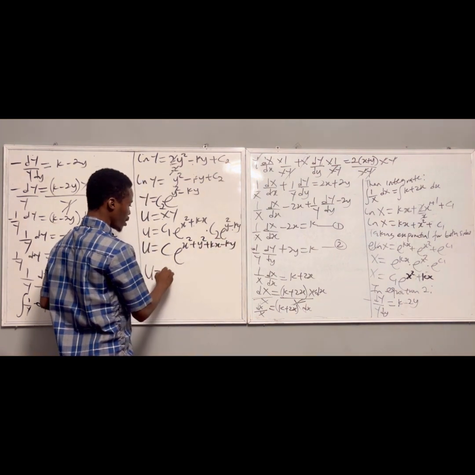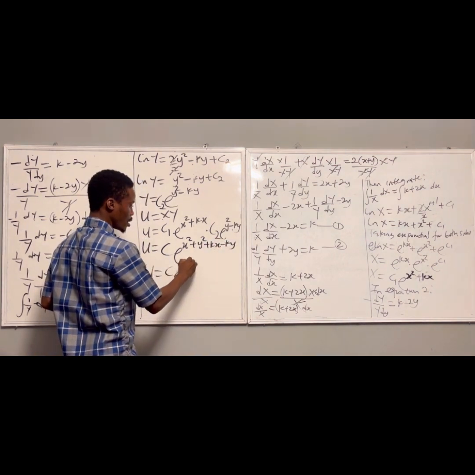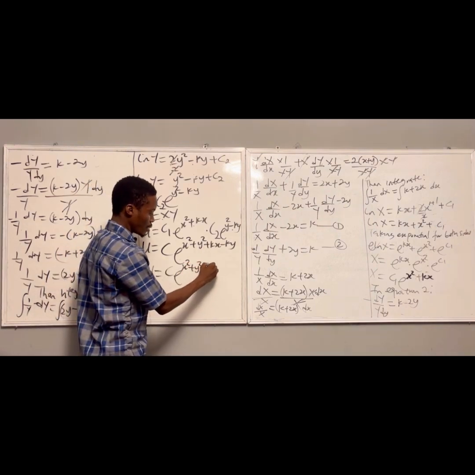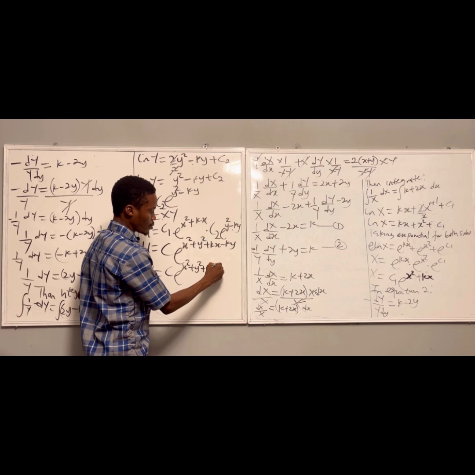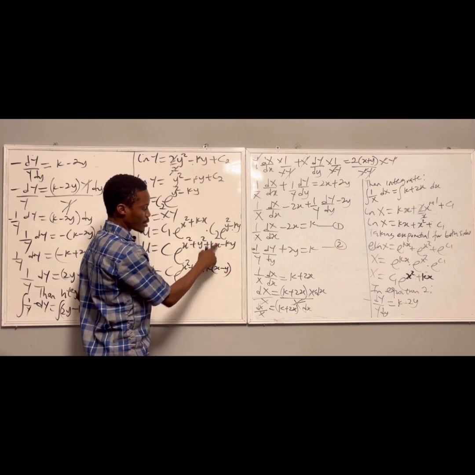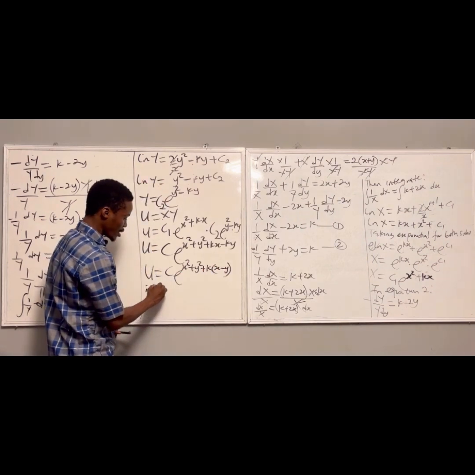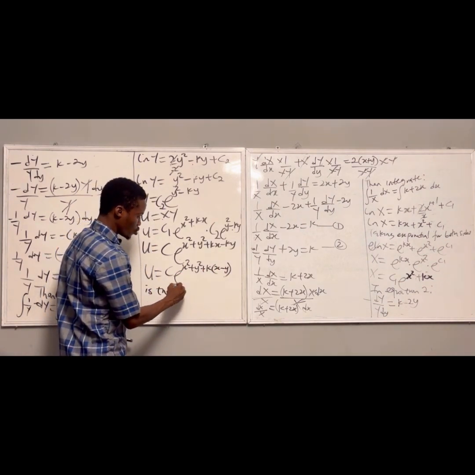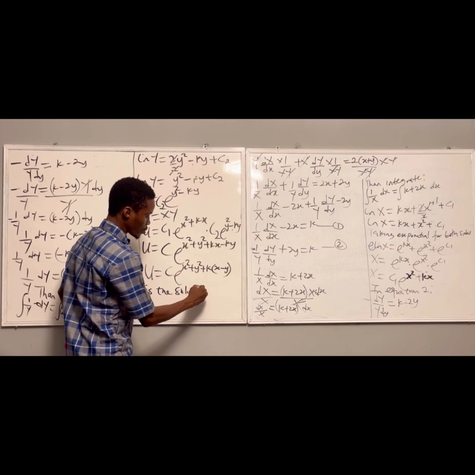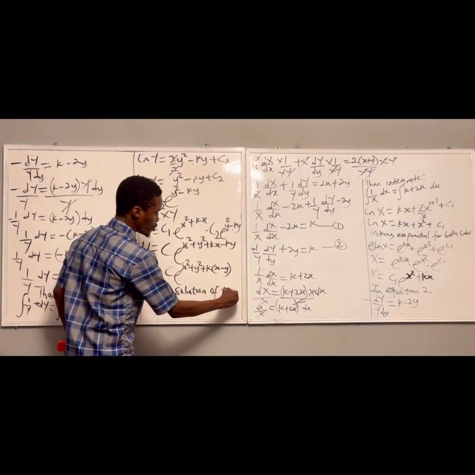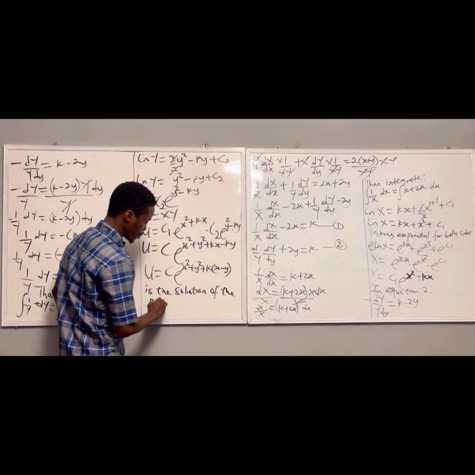So my u will now be c exponential s square plus y square plus k times s minus y. This is the solution of the PDE.